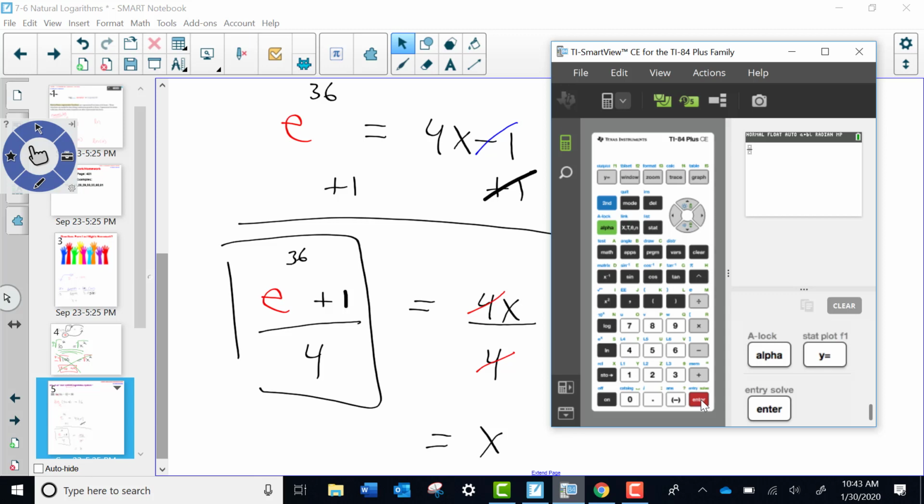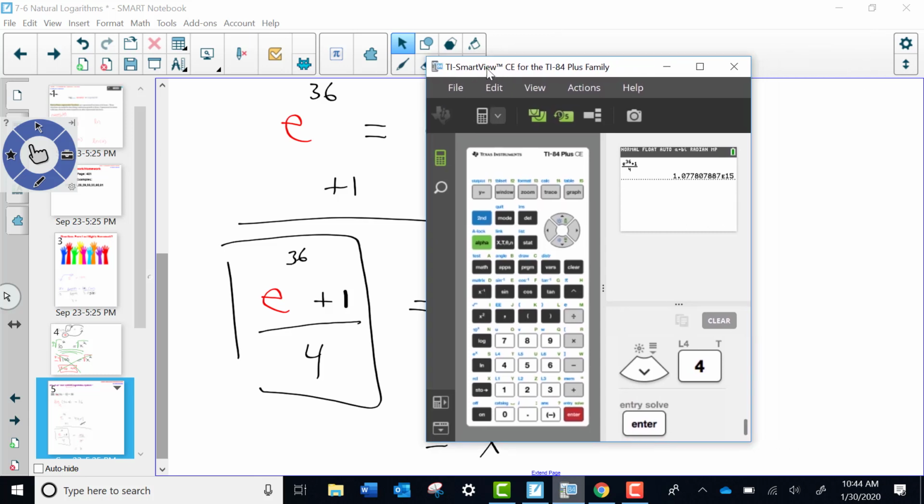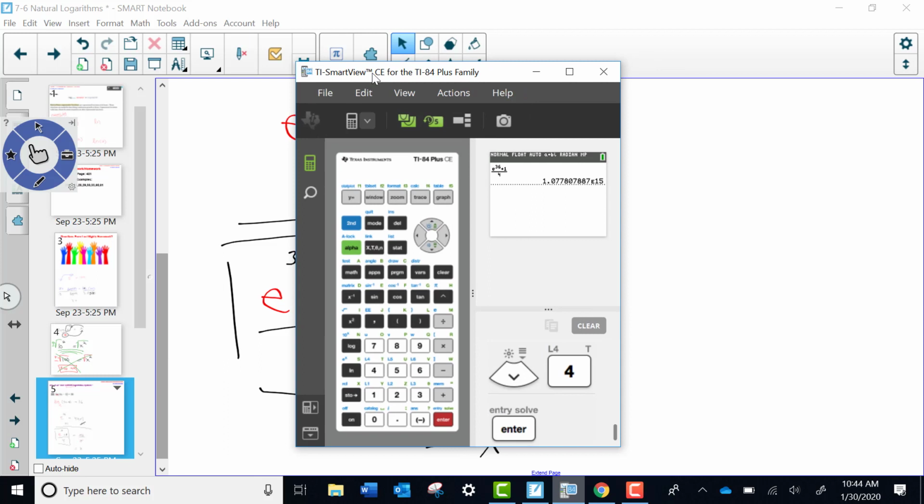In the numerator, e to the 36th power, so second divide, gives us e raised to the 36th power. E raised to the 36th power plus 1, all over 4, is 1.077807 e to the 15th.